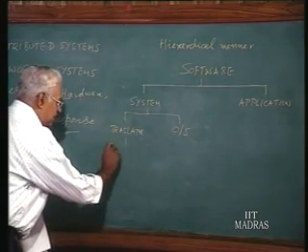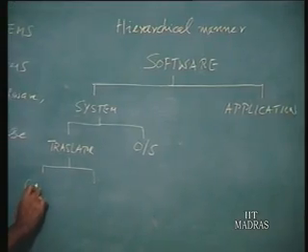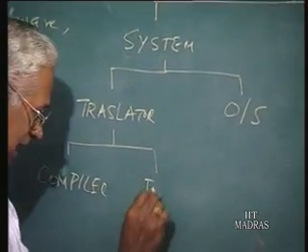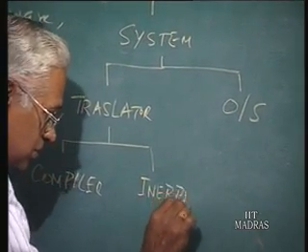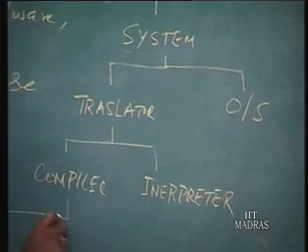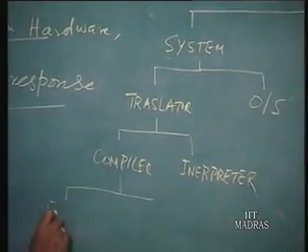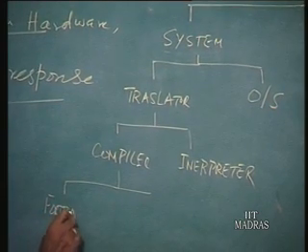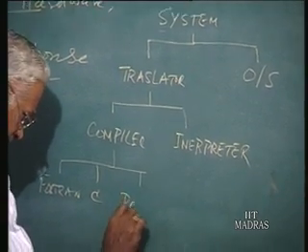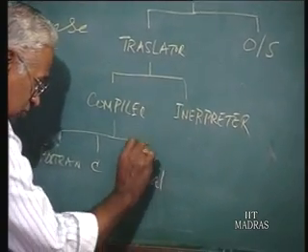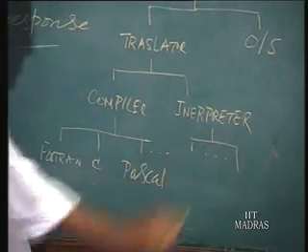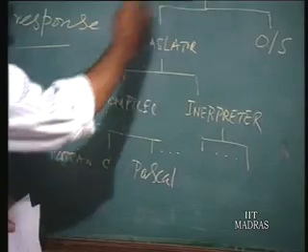And the translator I already mentioned, it can be a compiler, or it can be an interpreter. Then when talking about compiler, for instance, I can talk about the Fortran compiler, or a C compiler or a Pascal compiler and so on so forth. Same way in case of interpreters also. Now, this is at the system level.